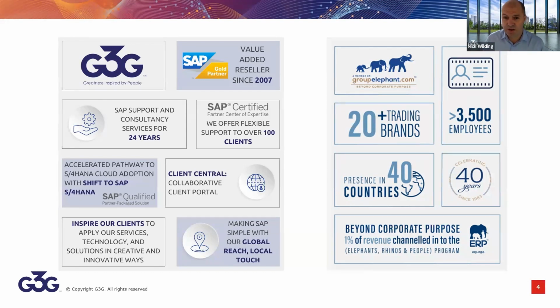The group operates under a hybrid business model, employs roughly 3,500 people over 40 countries, and is largely employee owned by boutique services firms and software companies. We also run a non-profit investment organisation called Elephants, Rhinos and People, or ERP.